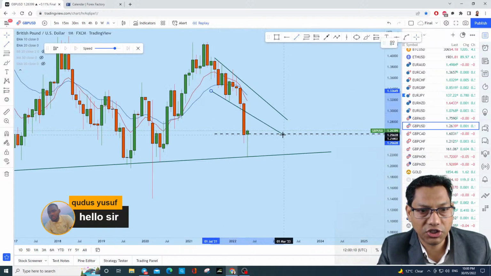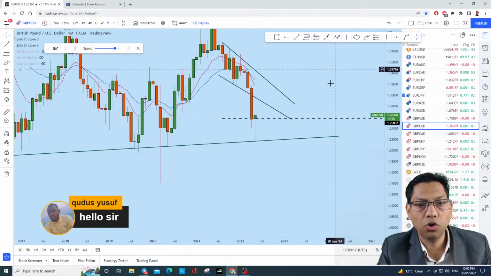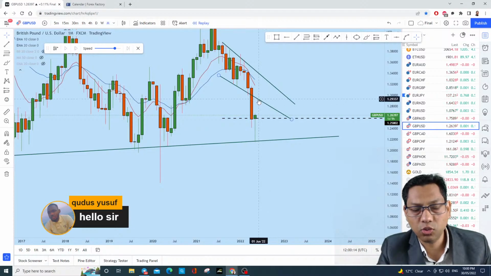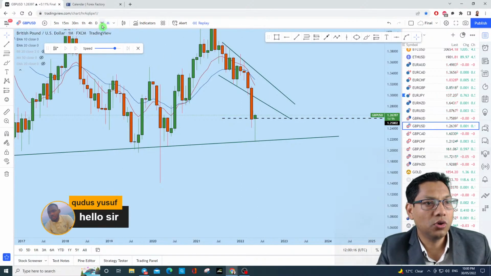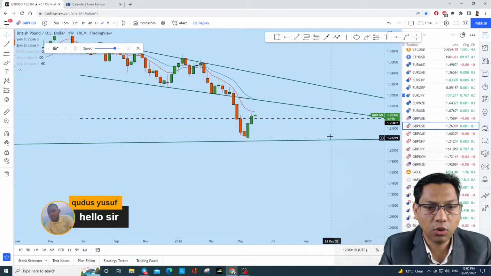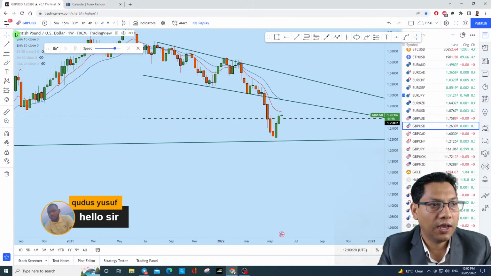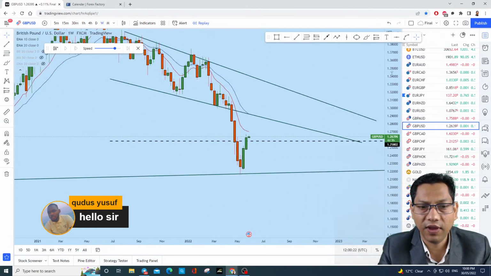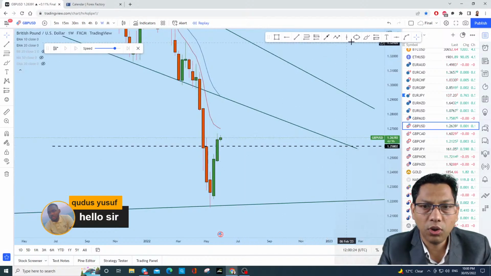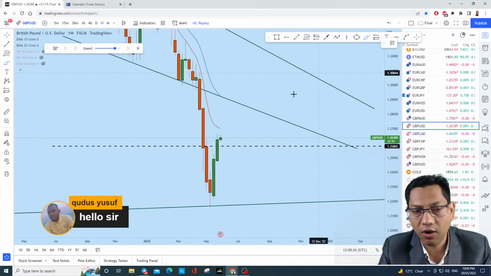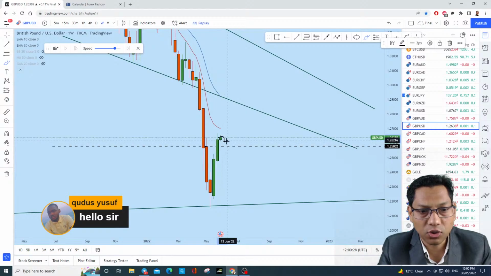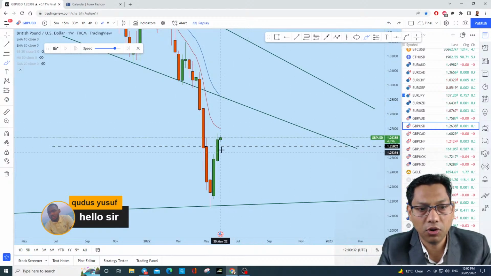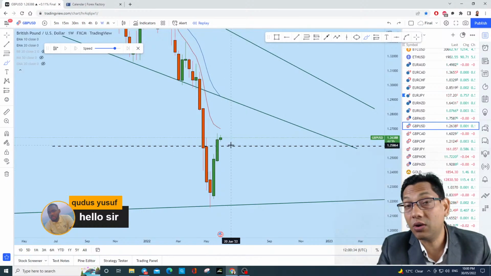You see there is a channel that has been broken, so either this one or this one. If we convert this to the weekly, that means on the weekly we have a move, but what I am waiting for now is for the price to come back down to this zone, and then we will buy, because this is the crucial point.